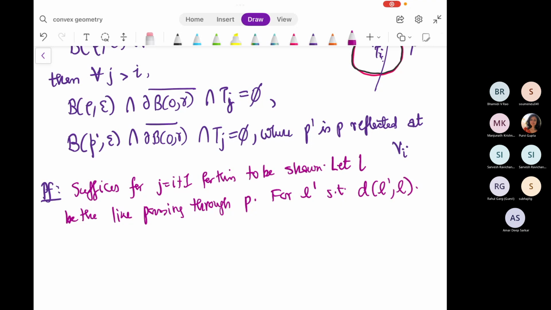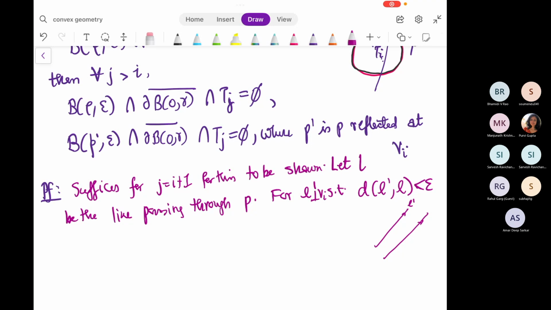So what does the distance between two lines mean? It literally means the geometric distance between the two lines. For example, if you have a line here and a line here, and they are both perpendicular to the particular hyperplane in question, V_i, then it's just literally the geometric distance between them.